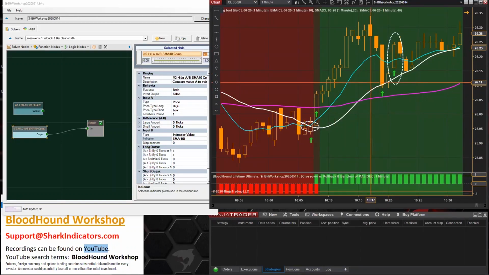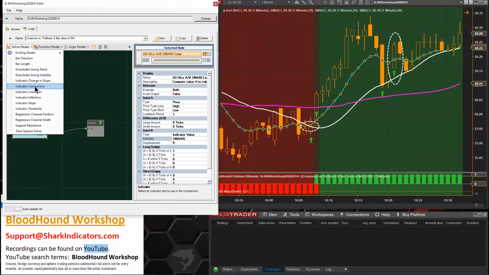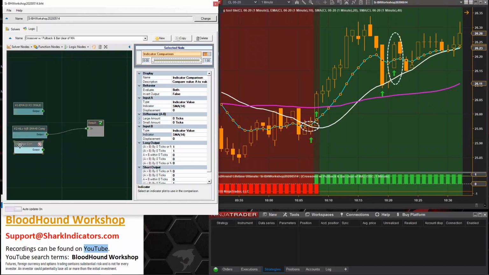In this case, we need the low price to be below the moving average, and that would be considered the bar touching the EMA 10 if the low is below that EMA 10. So let's grab another comparison solver.